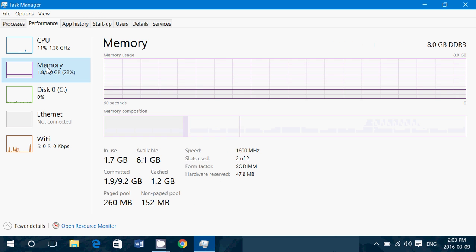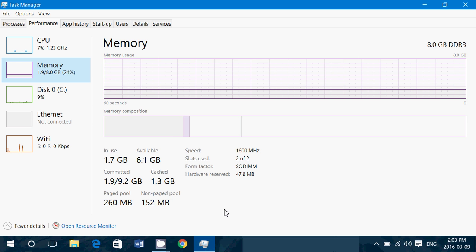Then on the left you've got the memory used on your computer, and a lot of people have the impression that if there's too much memory used it's no good. Actually no, it's the contrary, and especially in Windows 10 with the new memory manager, it usually will use a lot of your RAM, and that's what you want because RAM is fast. That's how your computer stays fast.